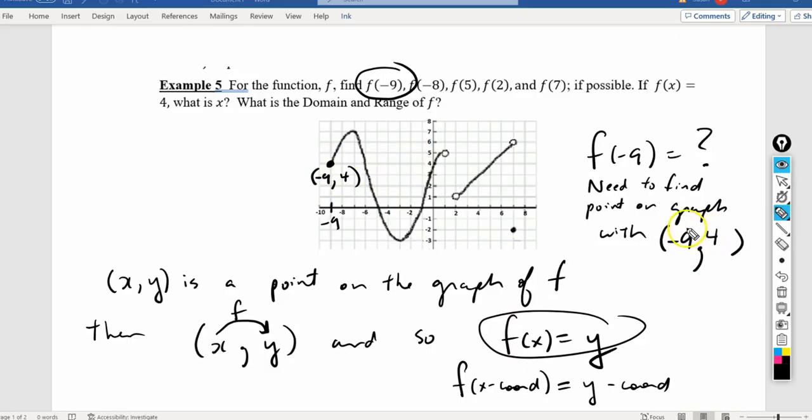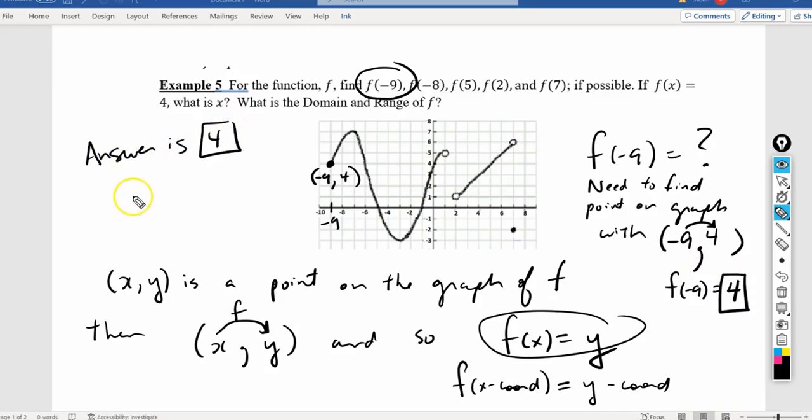So what does f do? It maps the x-coordinate into the y-coordinate. So f evaluated at the x-coordinate is equal to the y-coordinate. My answer is 4. And it's not the point. The answer is 4. If you write that as the answer, that is wrong.